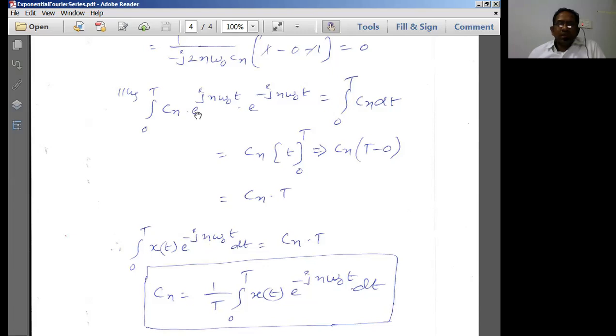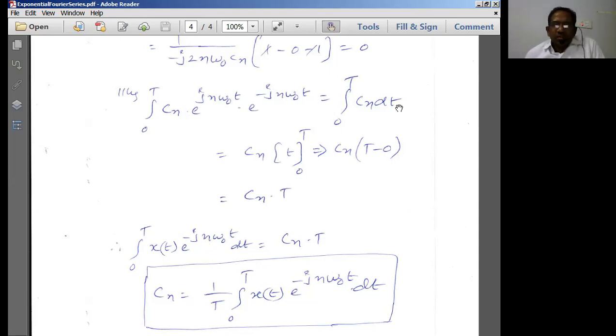These two will get cancelled simply because whenever you have a term in the exponent, we simply add up the exponents. Something like e power a into e power b, I can write this as e power a plus b. Similarly, when you add up, these two will get cancelled. I am left over with simply the integration of Cn dt. So here dt is missing, so dt has to be there here.